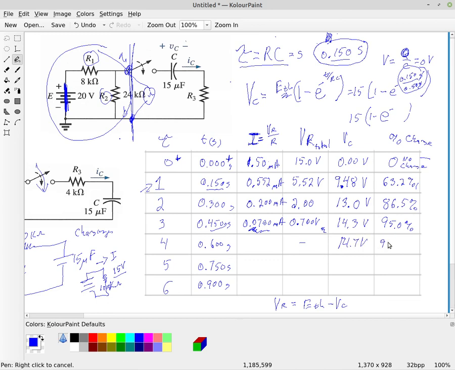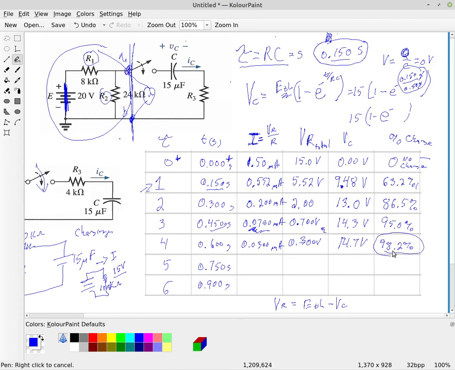That's at about 98.2% of full charge. And then our voltage VR is going to be about 0.3 volts, which we divide by 10K to get the current, of course. If we look at this, this was at 98%.